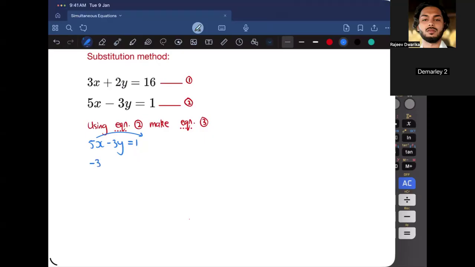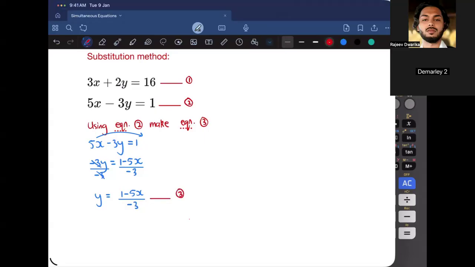Negative 3y is equal to 1 minus 5x. If I want to find y, I would divide both sides by minus 3, right? So y would be equal to 1 minus 5x all over minus 3. Things are getting a little scary, but it's easy.